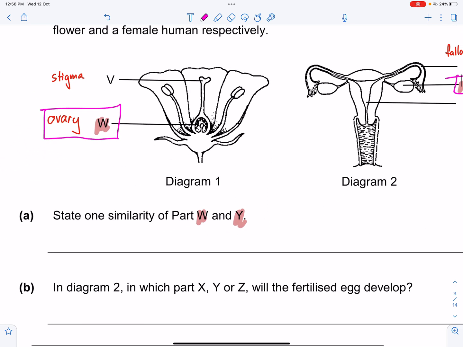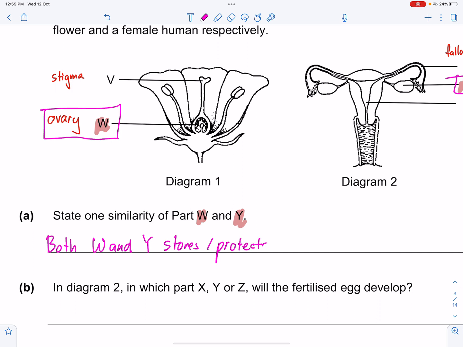So you would say that both W and Y store eggs or produce eggs. That is correct.